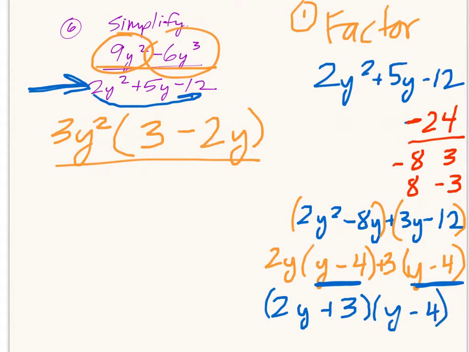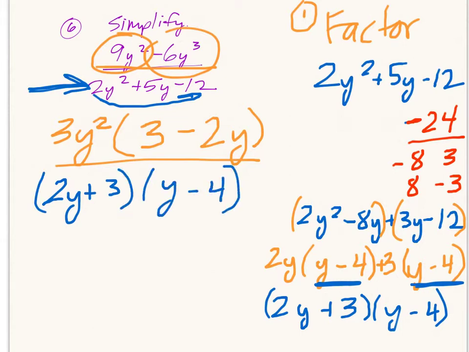All that is grand news. Just to go back to our problem. Remember, on the numerator we had 3y squared times 3 minus 2y, and we had 2y plus 3 that we just factored with a y minus 4. And then you say, I factored! Super! Let's cancel stuff! Ooh, but look. Things are close.